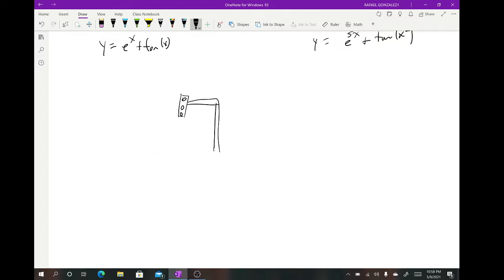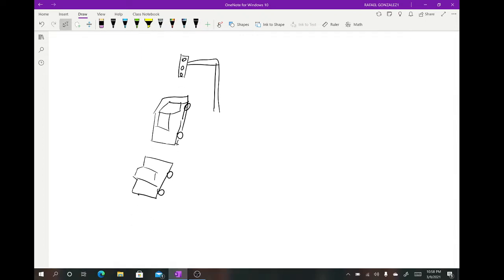So let's say there's a car here. I can't draw a car for the life of me. Let's say this is your car. It's like the Flintstones car, right? And you are both stopped at the light.